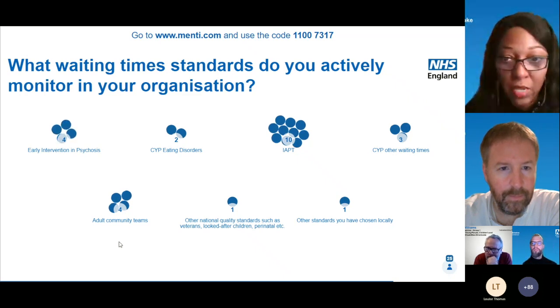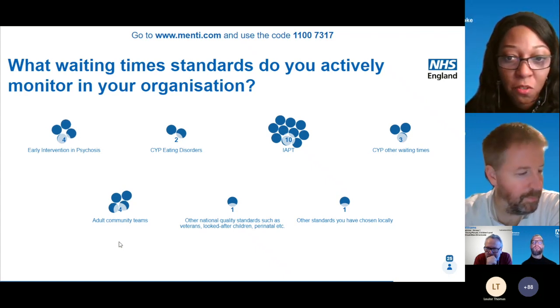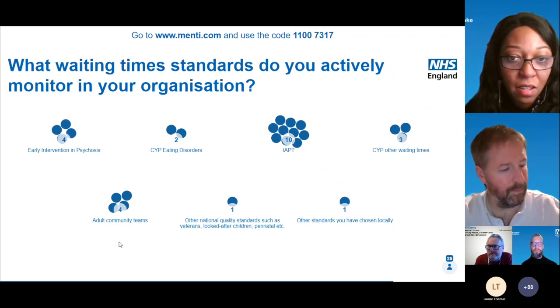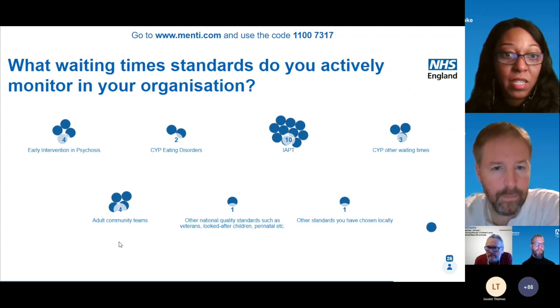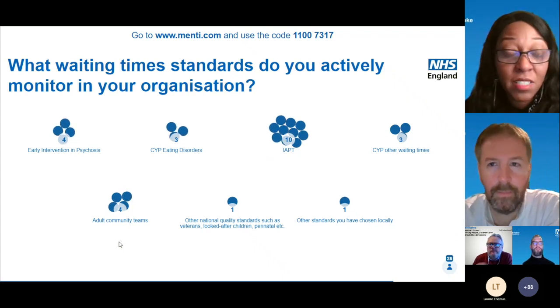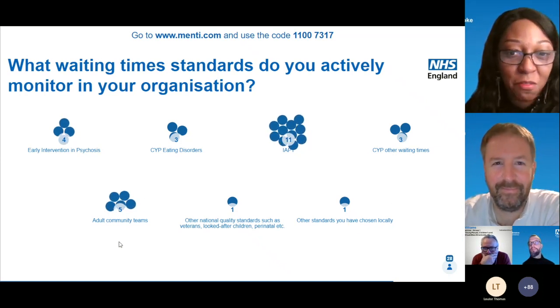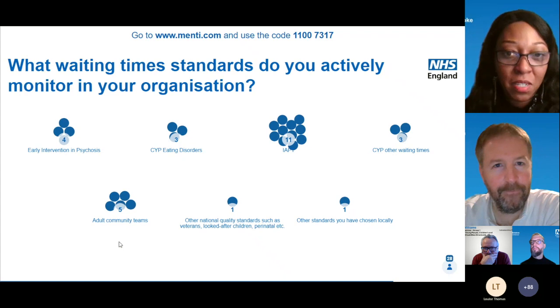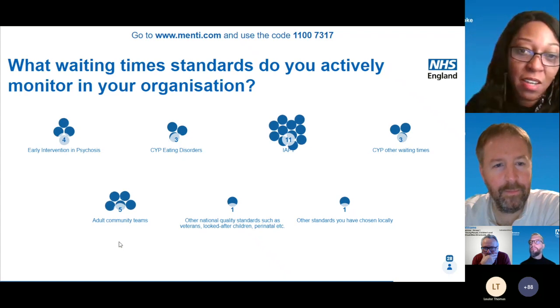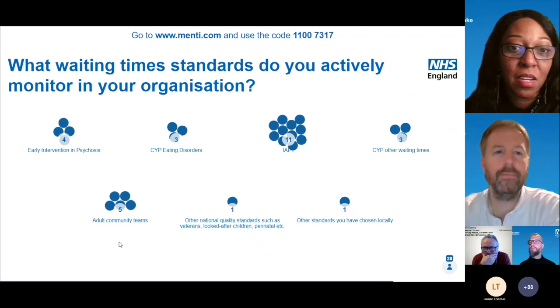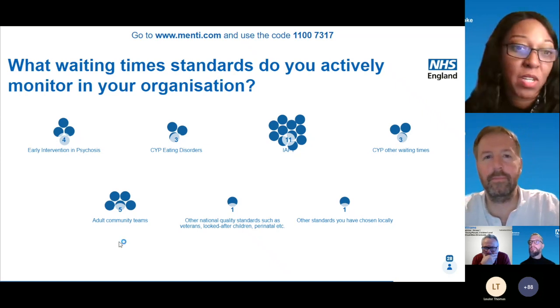The Mentee is supposed to allow you to select more than one, so apologies. But by all means, if you are monitoring any local standards, we'd like to hear about them. We'd like to hear from you generally, so don't be shy, and we're expecting a very active discussion after that. But in general, you can see here that IAPT is the most well-known waiting time standard people are monitoring.